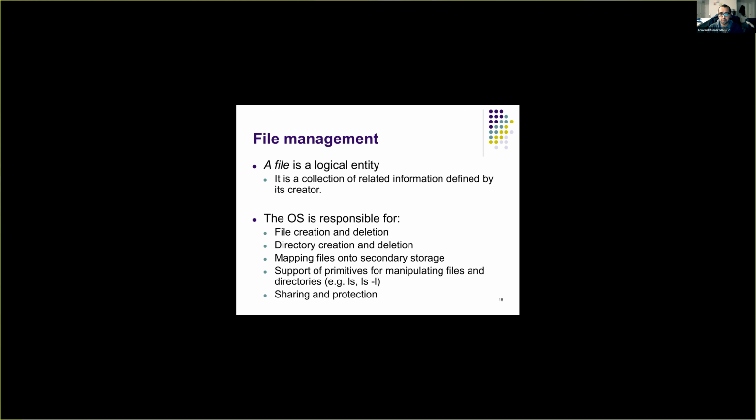Like operating system provides facilities to list all the files in a directory. It provides system calls to create directories, and it also has protection mechanisms. Basically, we can have permissions on the files so that we can restrict which processes can access files or not.